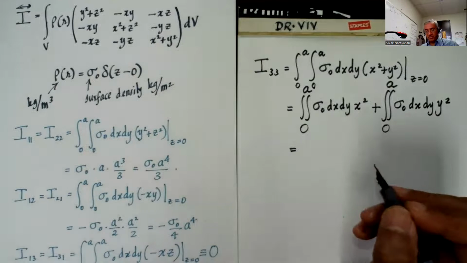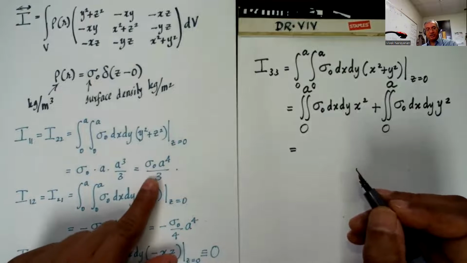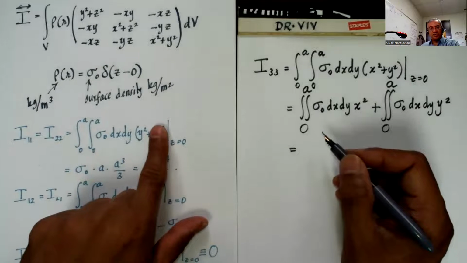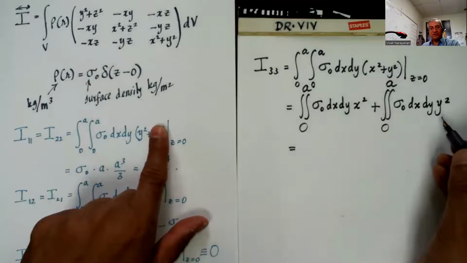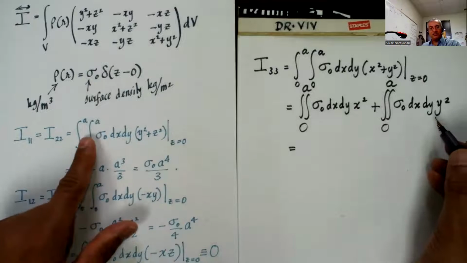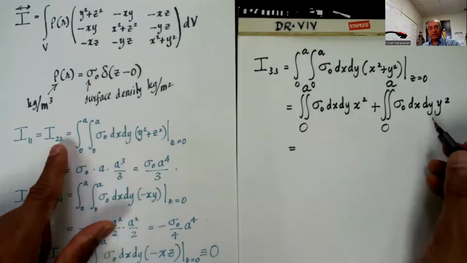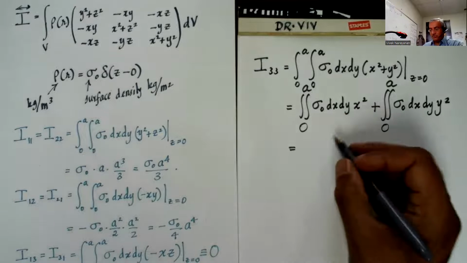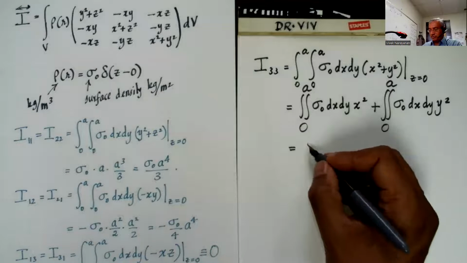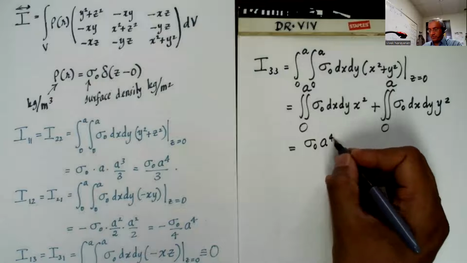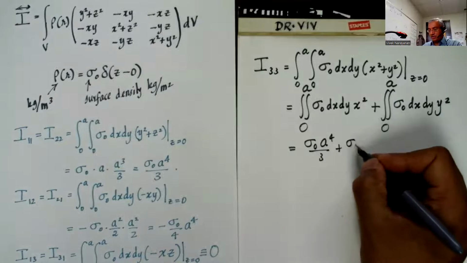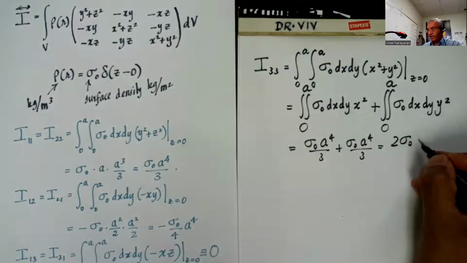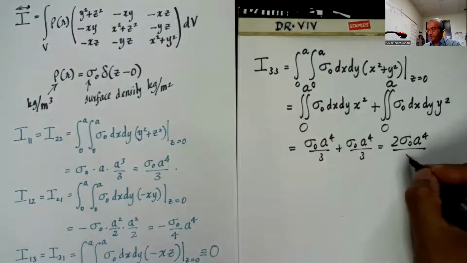Well, that's interesting because you'll notice that I just did that computation here, because when z is equal to 0, you just have that, which is that. And when you have I22, it would be x squared plus z squared, which would be this. So this is the sum of those two terms. So it's sigma naught a to the 4 over 3 plus sigma naught a to the 4 over 3, which is 2 sigma naught a to the 4 over 3.